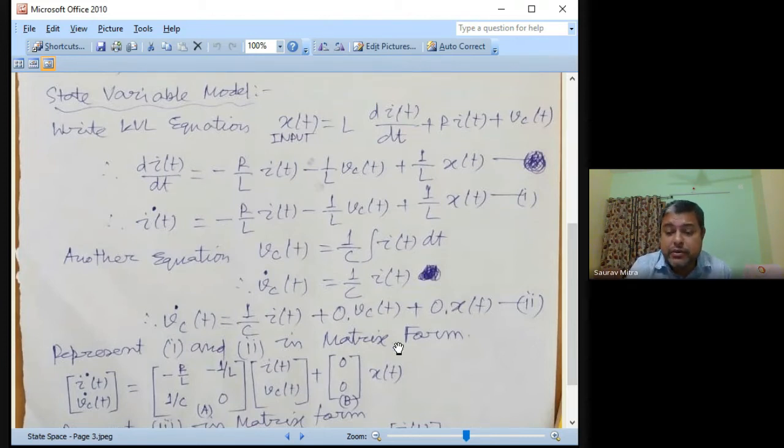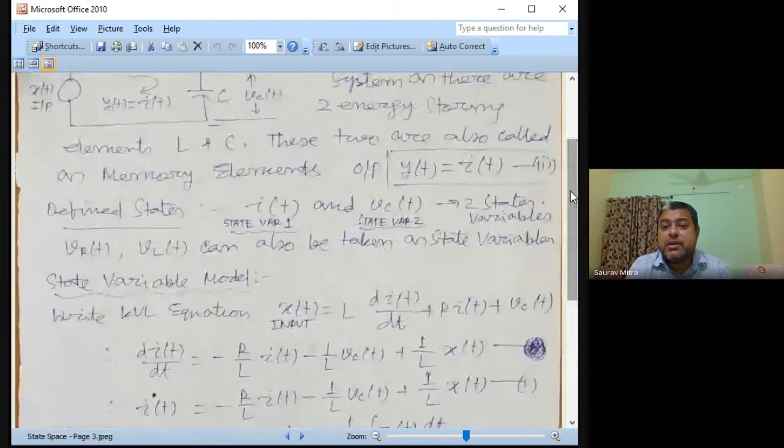Initially we have the third equation, y(t) is equal to i(t), which we saw at the start, because I mentioned in this numerical that the output you can take as the current. So I already have the third equation with us, y(t) is equal to i(t).